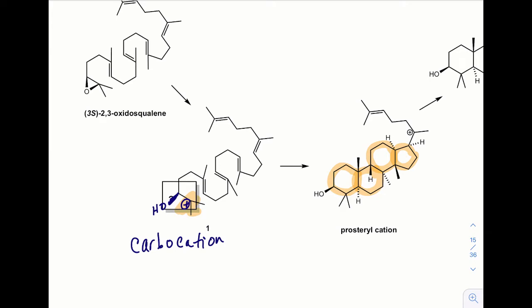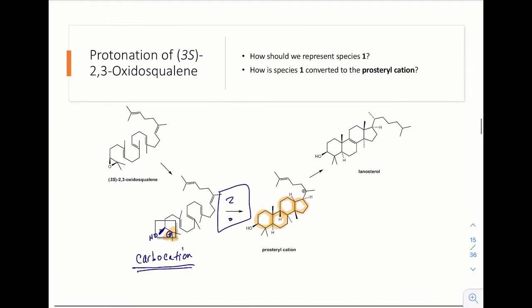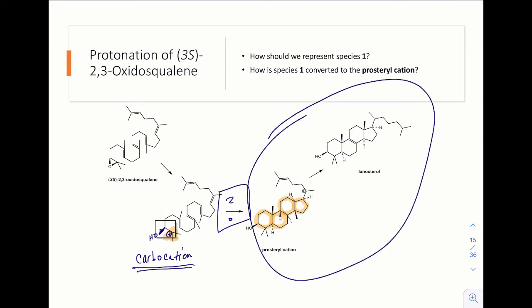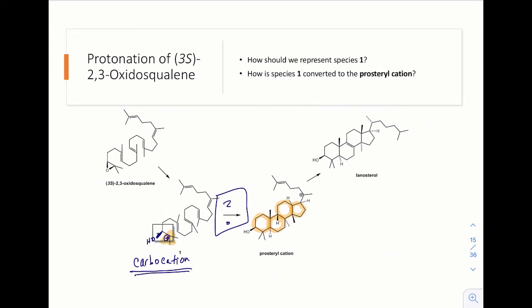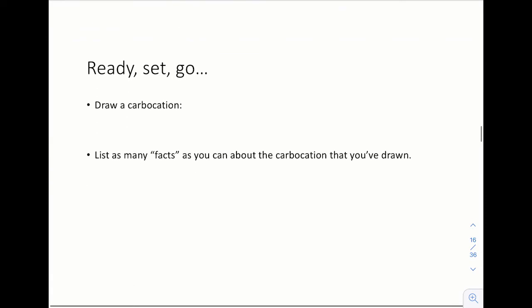So what do we do? We need to think more about carbocations. And then perhaps we can figure out what in the world happens to convert species 1, the protonated oxidosqualene, to the prosteryl cation, which will then be converted to lanosterol. So with that in mind, let's take a moment and review carbocations.